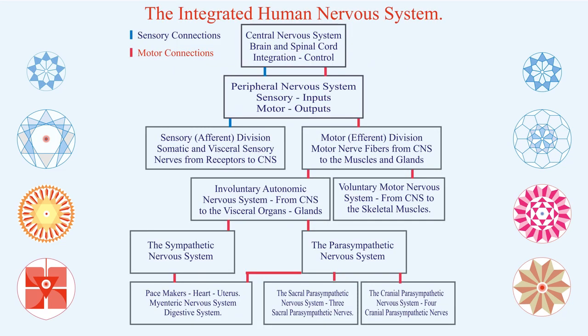Let's review the integrated human nervous system to understand the sympathetic nervous system perfectly. All the information from the external world is carried through the sensory division of the somatic and visceral sensory nerves from receptors to the central nervous system through the peripheral nervous system.